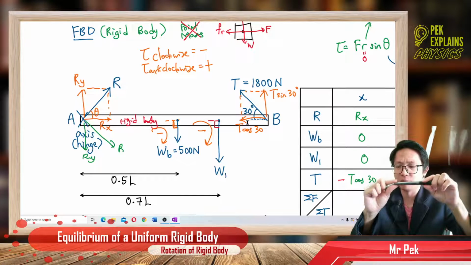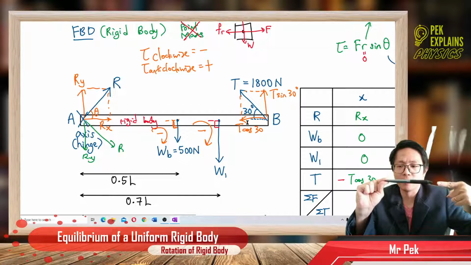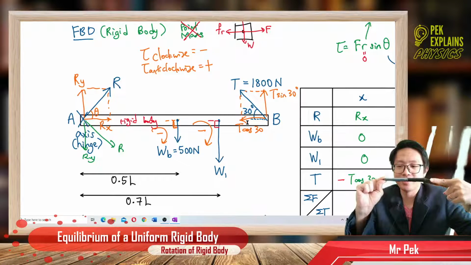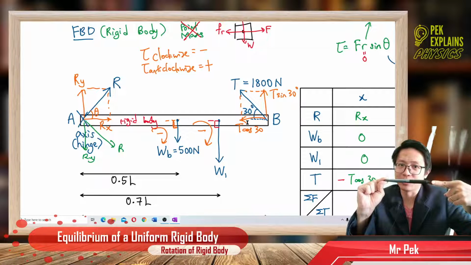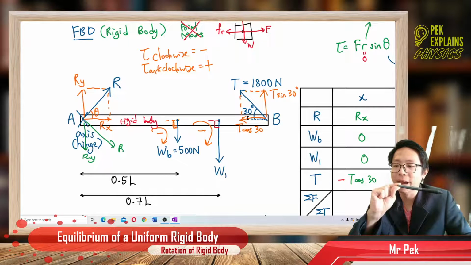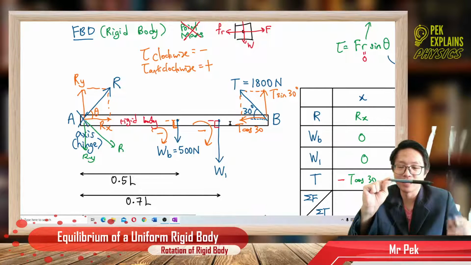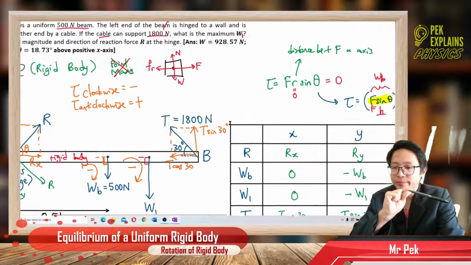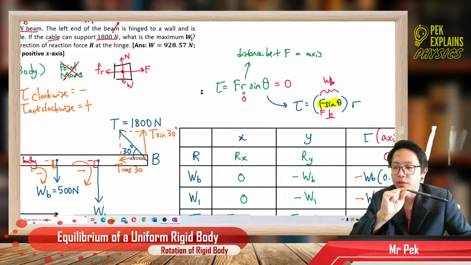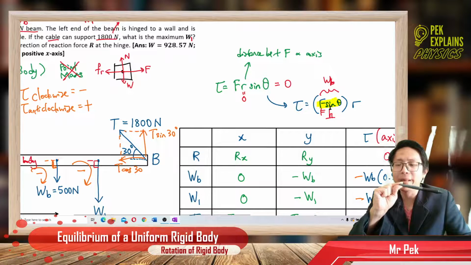It is pushing in this direction, parallel to the rod. So will the object rotate? Not at all. It will not rotate because the force is parallel to the rod. No rotation.